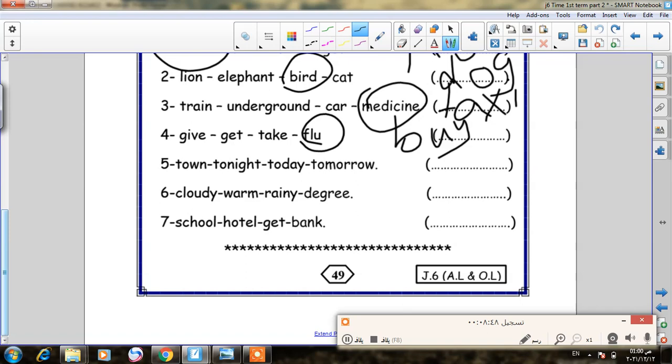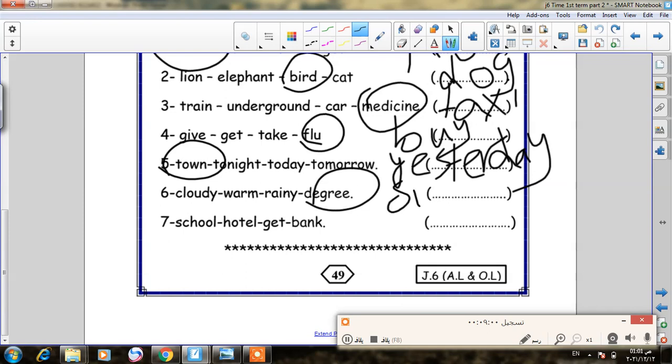Town, tonight, today, tomorrow. Town, yesterday. Cloudy, warm, rainy, degree, sunny. Degree, sunny. School, hotel, get, bank. It's gonna be get. And we're gonna write, for example, post office.